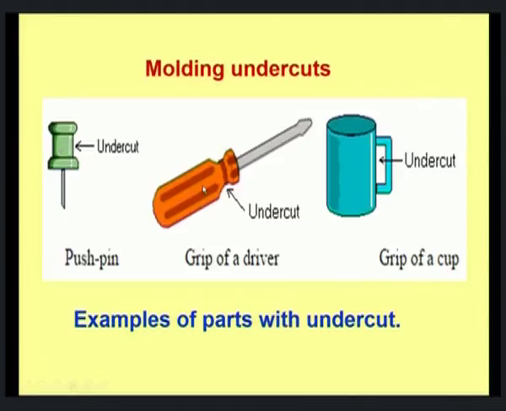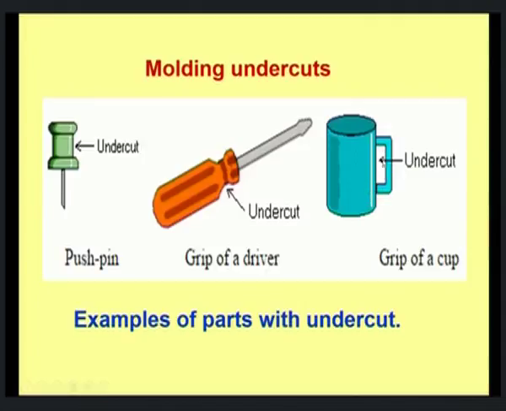Again, in the screwdriver, this region refers to an undercut. These are the regions where the release resistance would be high, so the part or product would not be ejected out easily. Similarly, in a coffee cup, the handle region refers to an undercut.